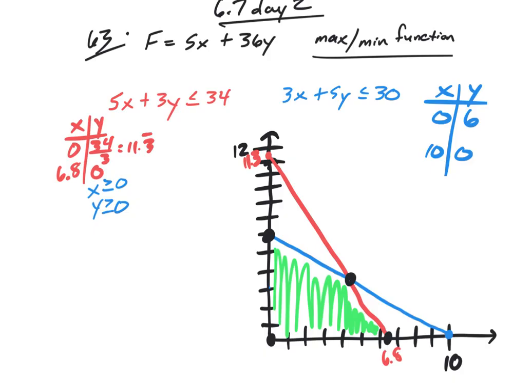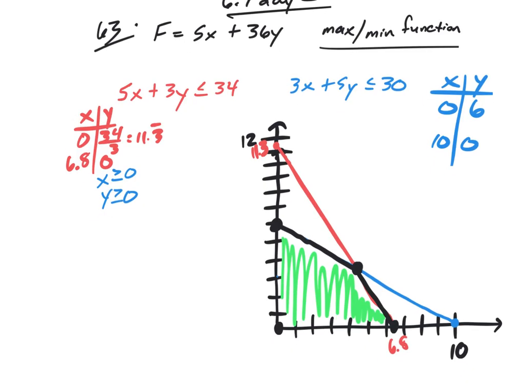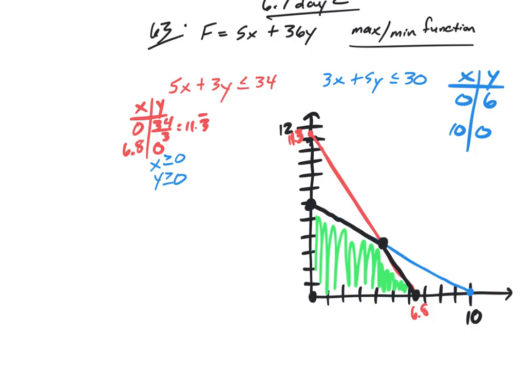If I connected those 4 points together, it would give me a 4-sided figure. So we have 4 points that we're going to use to try to determine what minimizes or maximizes this function. So we're going to take it one step further.